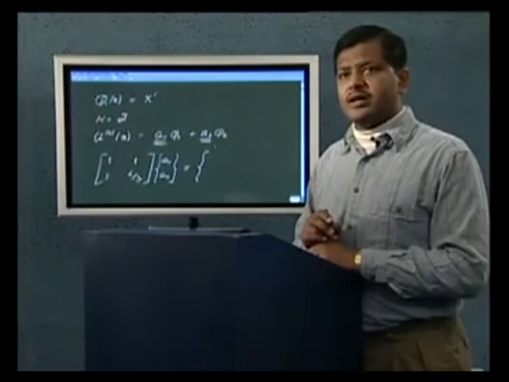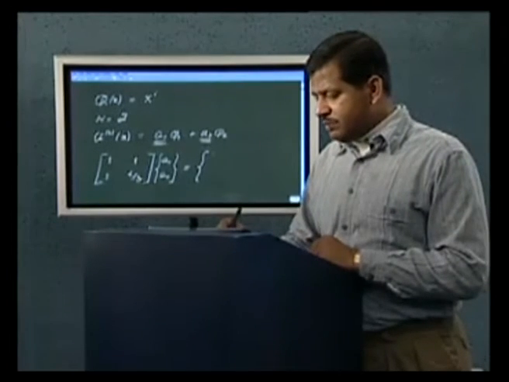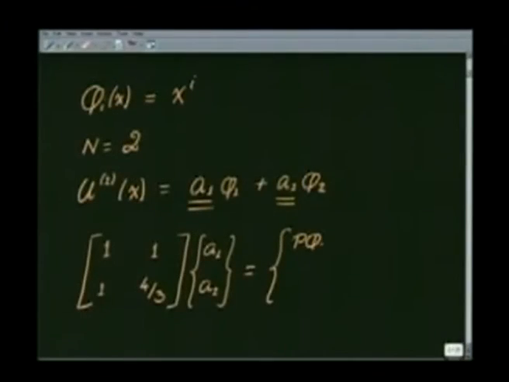Load vector is what? If you remember, it will be P into phi 1 evaluated at 1 plus F into phi 1 evaluated at half, and here it will be P into phi 2 evaluated at 1 plus F into phi 2 evaluated at half.